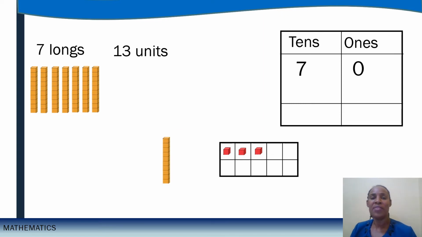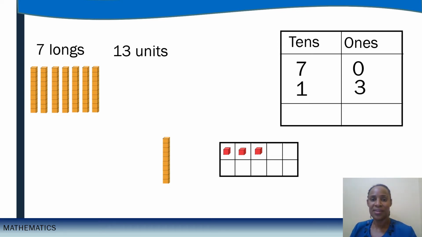So there we have it, boys and girls. 13 units can be renamed as 1 long and 3 units. To put that on our place value mat, we will write 1 ten for the 1 long and 3 ones for the 3 units.